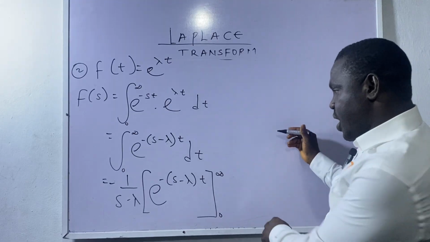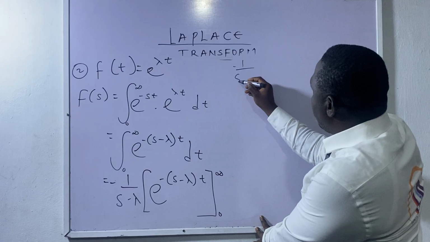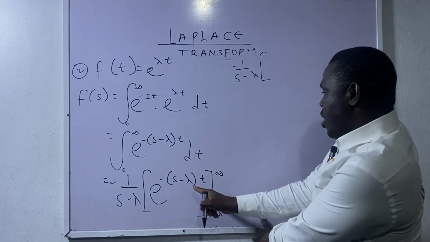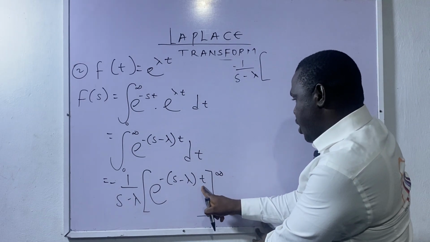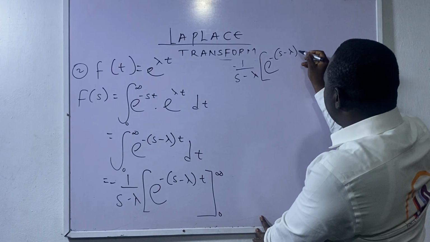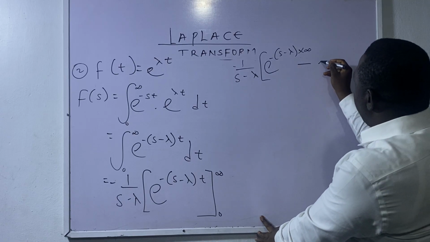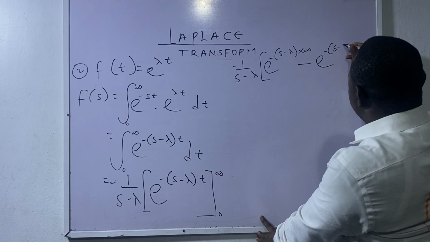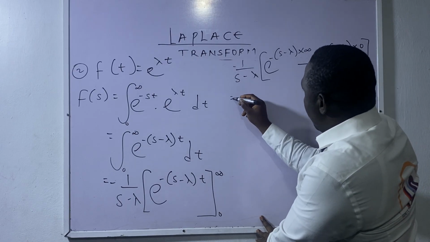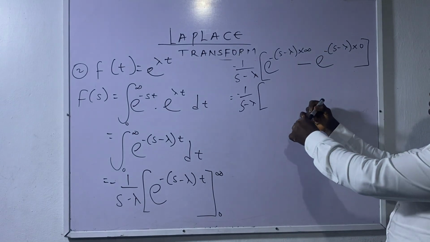So what's the next thing? Now it is to work on this. I have my 1 over (lambda minus x) outside, and then I'll put this here in place of t. I'll have e to the power (lambda minus x) multiplied by infinity, minus e to the power (lambda minus x) multiplied by 0. Remember again what we said.